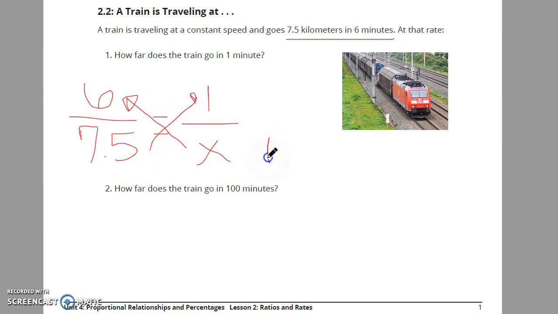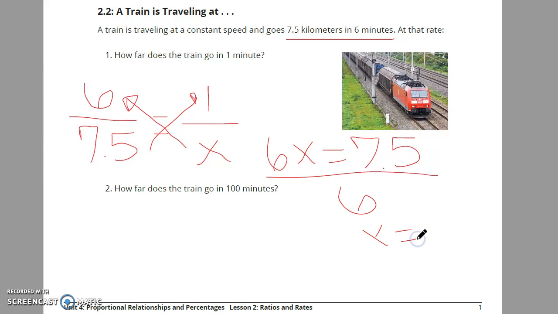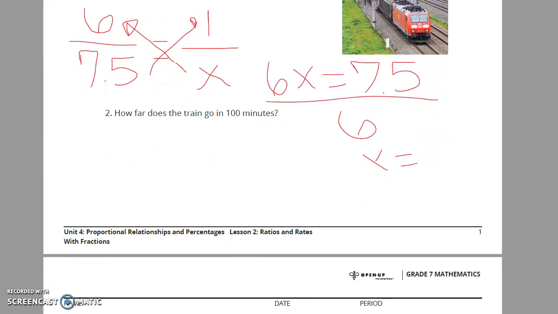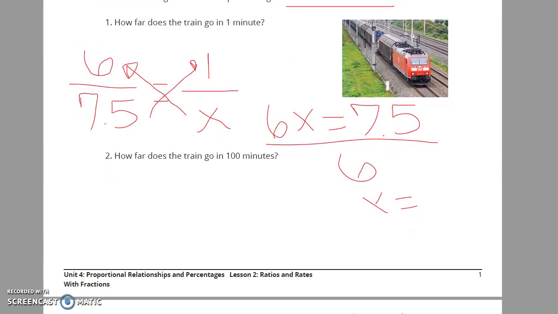So then we have 6x equals 7.5. And then we would divide by 6 and you get x from there. All right? The same concept applies with the next question. How far does the train go in 100 minutes?